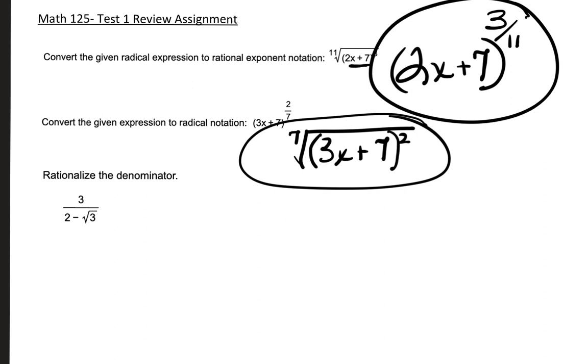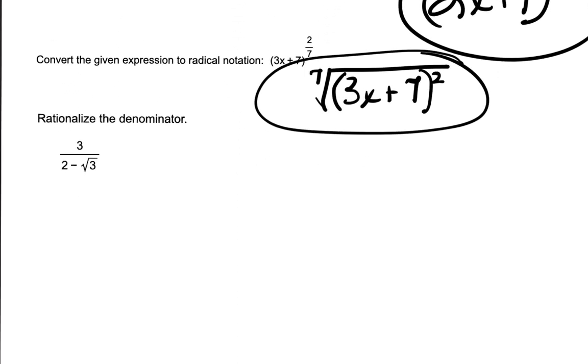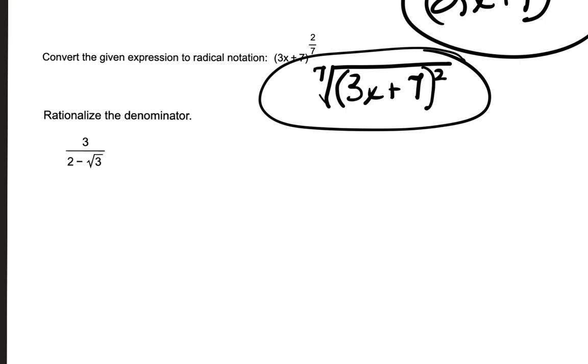All right. Let's move up here to rationalizing the denominator. We have rationalize the denominator, and we have problems that say rationalize the numerator. They are worked the same way. Of course, rationalize the denominator means we want to take the denominator, the 2 minus square root of 3, and we want to write it to where there's no square root in the denominator.